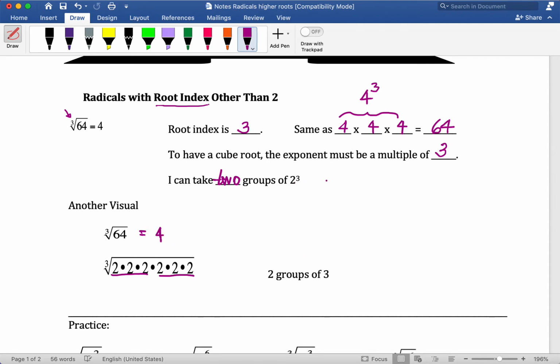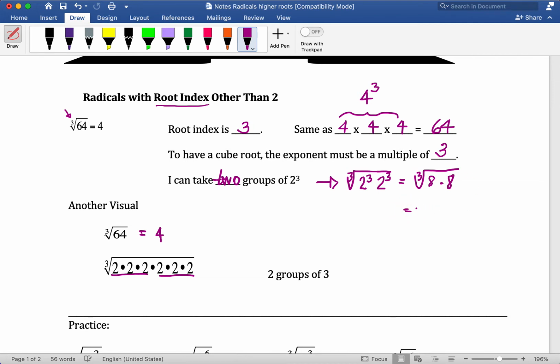When I'm looking at 2 groups of 2 cubed, well, what does 2 cubed equal? They're saying I got 2 cubes, and I want the cube root. Well, 2 cubed is 8. 2 times 2 is 4 times 2 is 8. So this is an 8, and so is this.